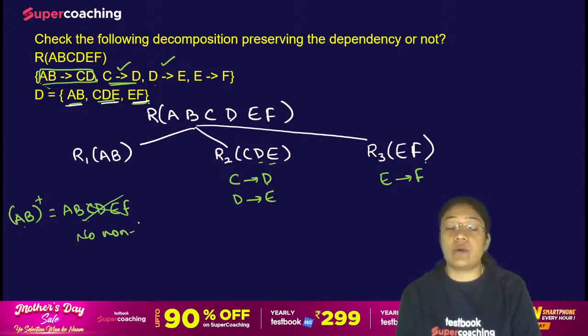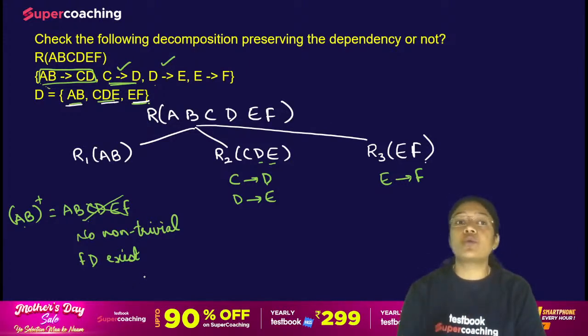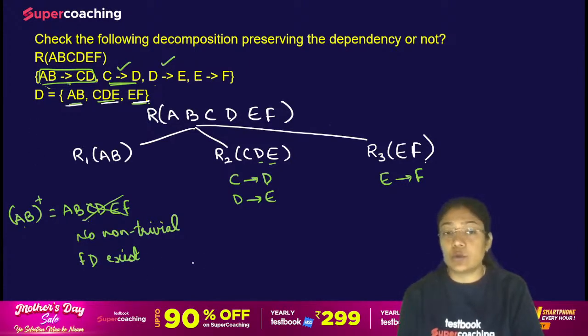No non-trivial functional dependency exists, and A also does not come in any other relation. This means that there is no scope of preserving this dependency. So we can say that AB determines CD is not preserved.